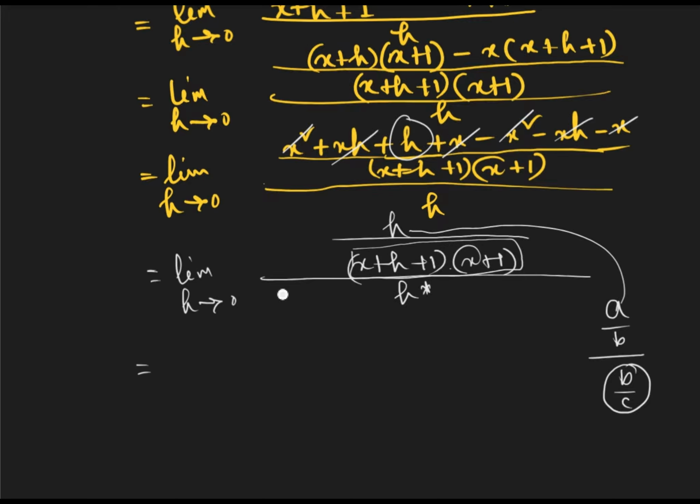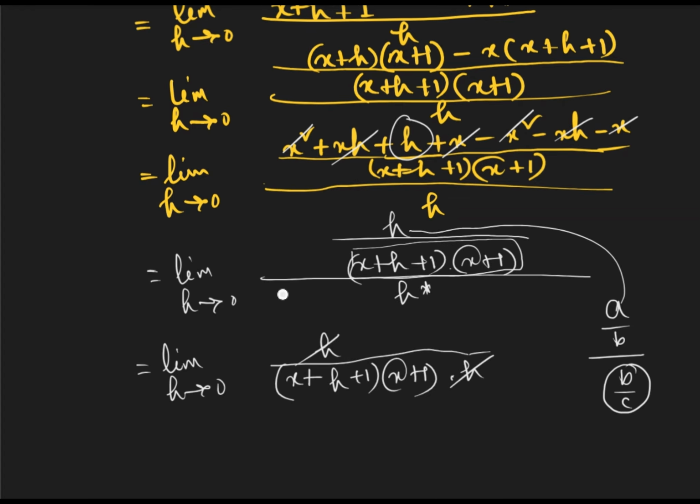So if we simplify this one, limit h tends to 0, we could write down h over x plus h plus 1 and then x plus 1, and this h will be here. So h cancels out, so we could write down limit h tends to 0, 1 over x plus h plus 1 and x plus 1.